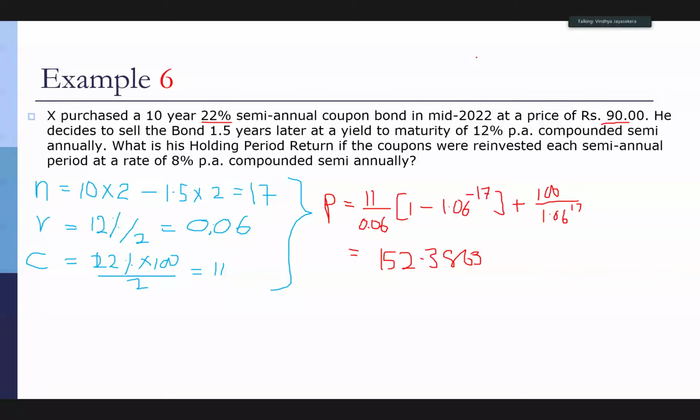Now you're selling it, and interest rates have come down to 12%, so obviously you're making over a 60-70% gain because interest rates have come down. So now you're selling it at 152, 1.5 years later.